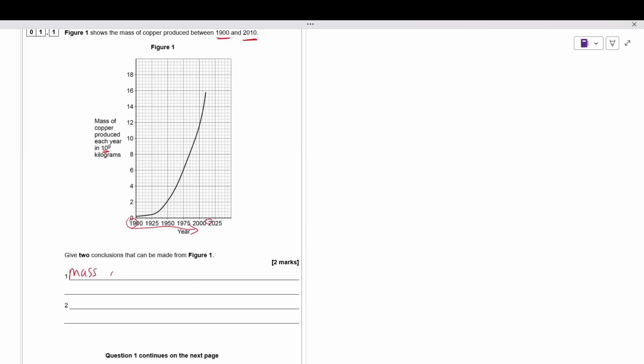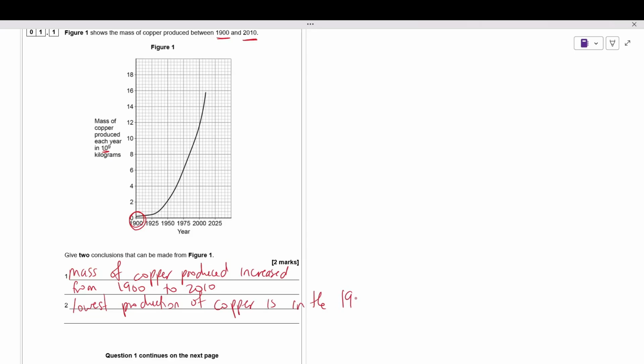Mass of copper produced increased from 1900s to 2010. So that's a conclusion that we can draw from this graph. Now, another conclusion that we can draw is the fact that the lowest production of copper is in the 1900s.